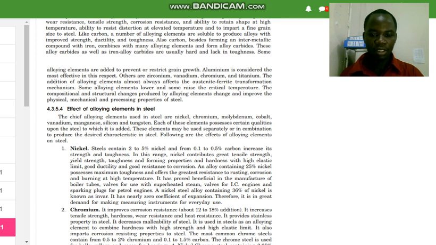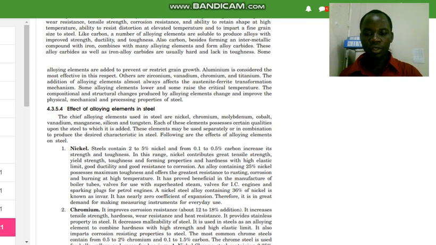In this range, nickel contributes great tensile strength, yield strength, toughness and forming properties, and hardness with high elastic limit, good ductility, and good resistance to corrosion.